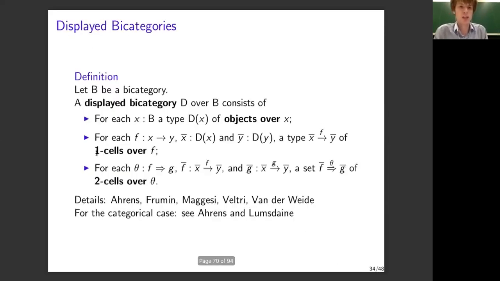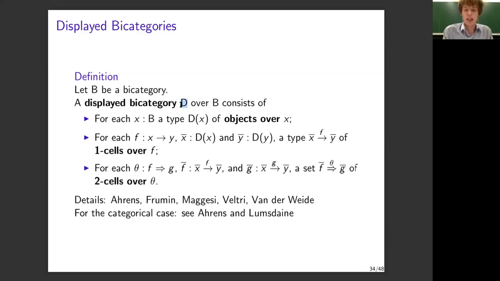Let us discuss displayed bicategories a bit more precisely. So a displayed bicategory represents properties and structure to be added to objects, morphisms, and two-cells in some bicategory. The definition is as follows, but in this definition, we will think of B as one-types.